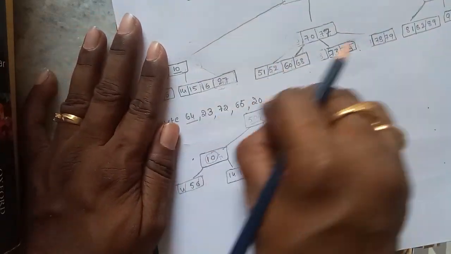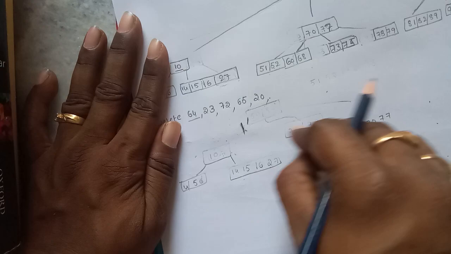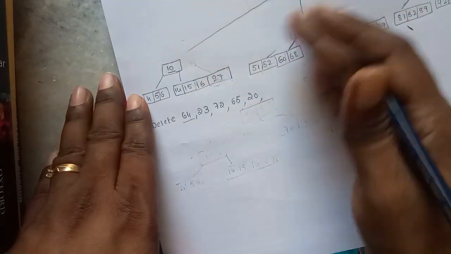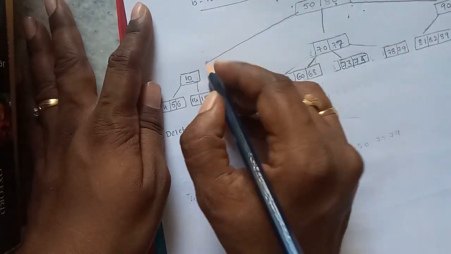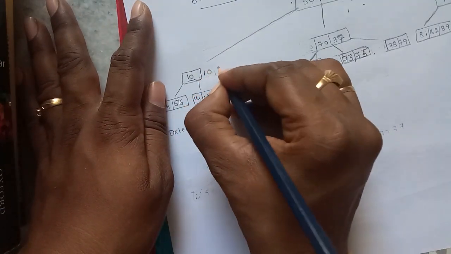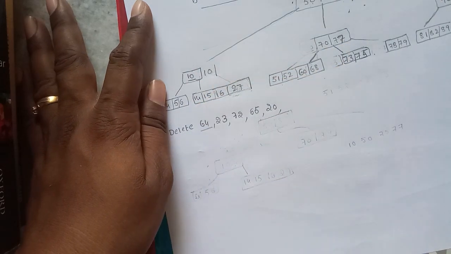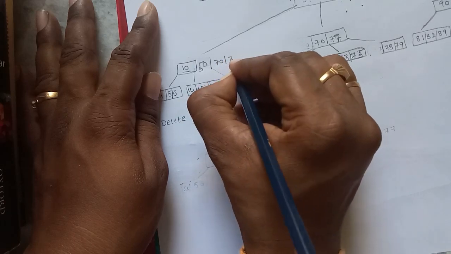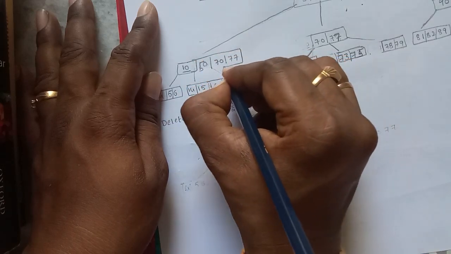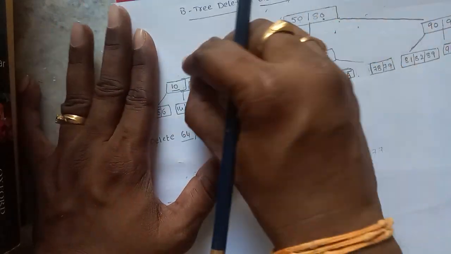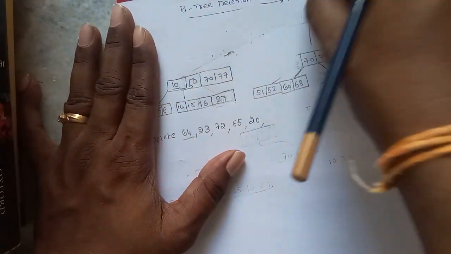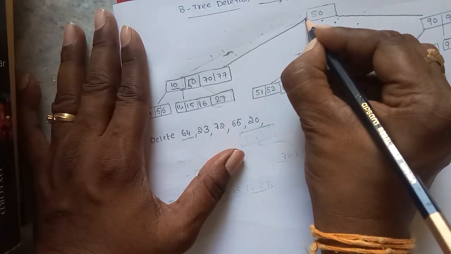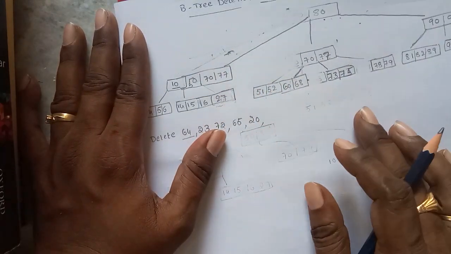So again I will draw the tree. Tree is 80 with left child as 10, 50, 70 and 77. 10, 50, 70 and 77 is the left child, and 50 is removed, and 80. So this entire becomes the left child.